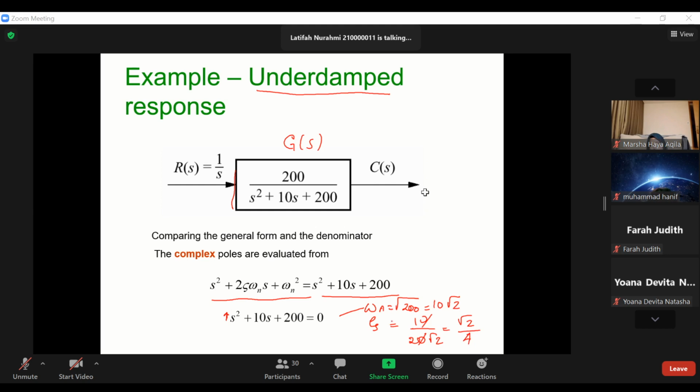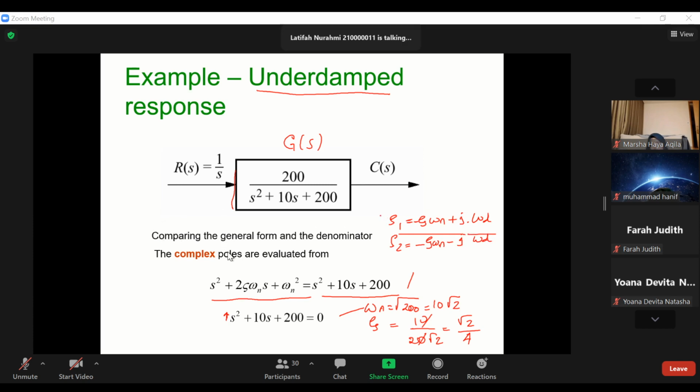This is zeta, this is omega n, and you can also derive the poles by factoring. Pole 1 is minus zeta omega n plus j omega d, and pole number 2 is minus zeta omega n minus j omega d.